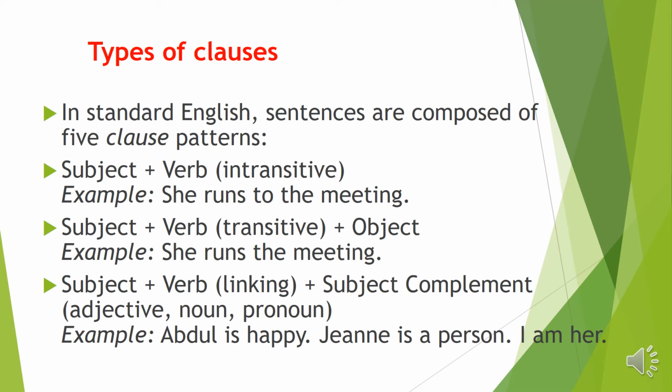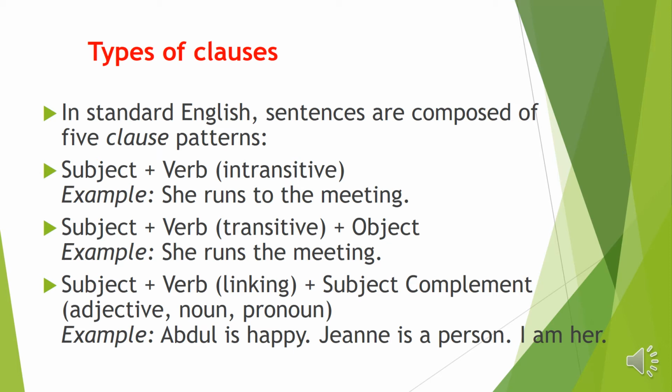That is the pronoun "I." Again, subject plus linking verb plus subject complement: adjective, noun, and pronoun. So remember, class, when we say noun, it refers to names of persons, places, things, events. And a pronoun is what you call a subject pronoun or demonstrative pronoun.